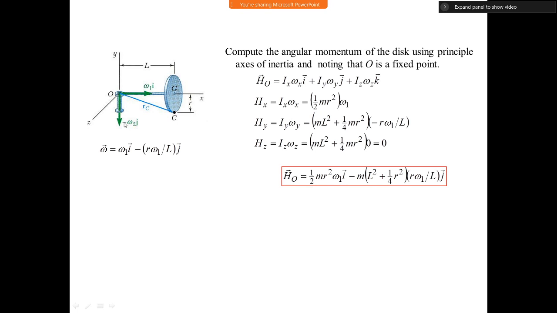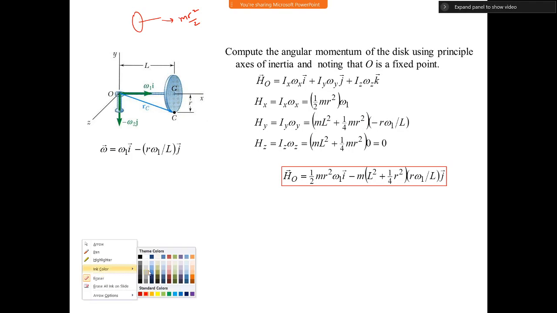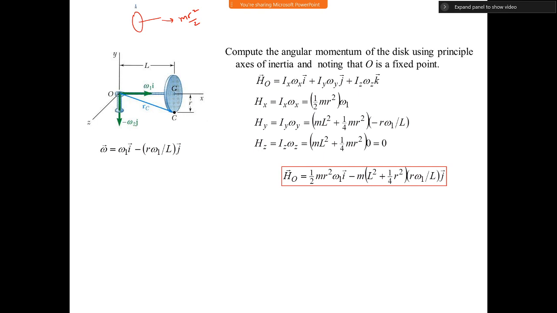I about this axis of this disk, we know is m r square by 2, and from the parallel and perpendicular axis theorem, we know that I about this axis and I about this axis are going to be the same.